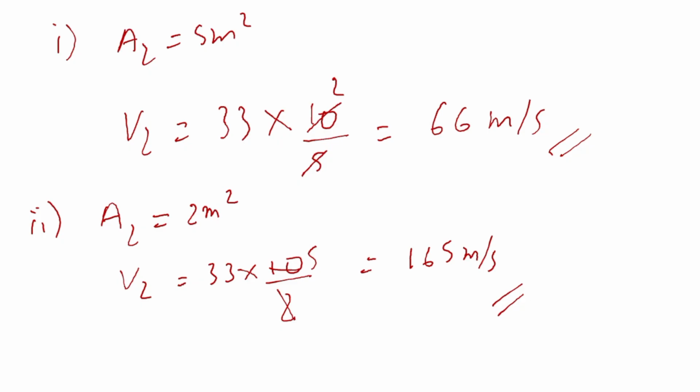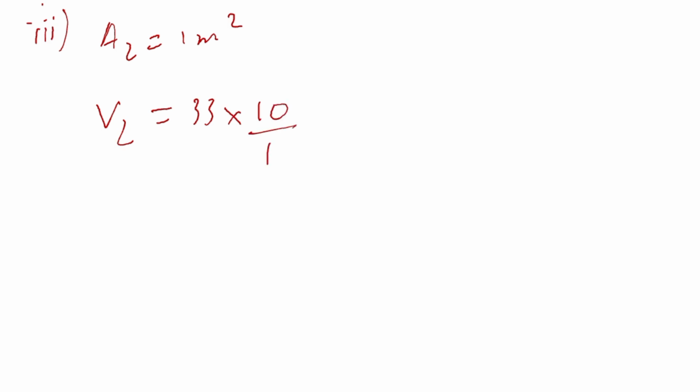Now if you do the third part, the third part states that the area 2 is 1 meter square. So now if I go back and plug this into this relationship, you have V2 is equal to 33 into 10 divided by 1, which will give me 330 meters per second velocity.